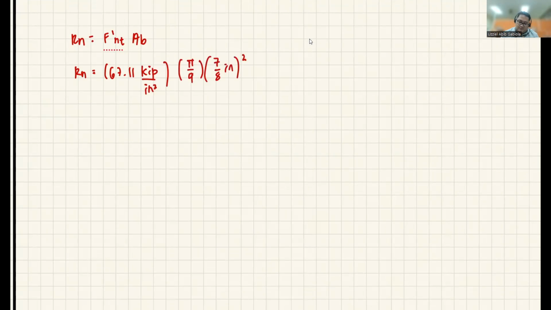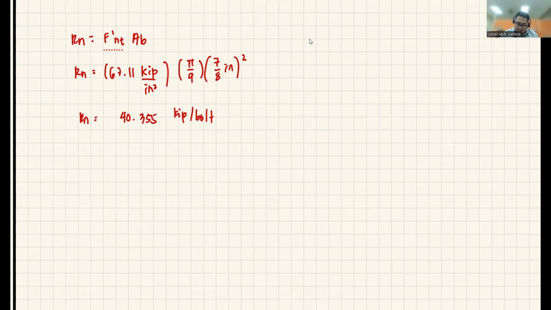Okay? So, kung ito lang yung multiply natin, ibig sabihin yung makukuha natin unit is capacity niya for kip per bolt. Kada isang bolt, ibig sabihin kasi 1 bolt lang yung gagamitin natin. Mas convenient naman sa atin kasi i-compare na lang natin siya doon sa tension loading per bolt natin, which is 40.355 kip per bolt yung value niya.